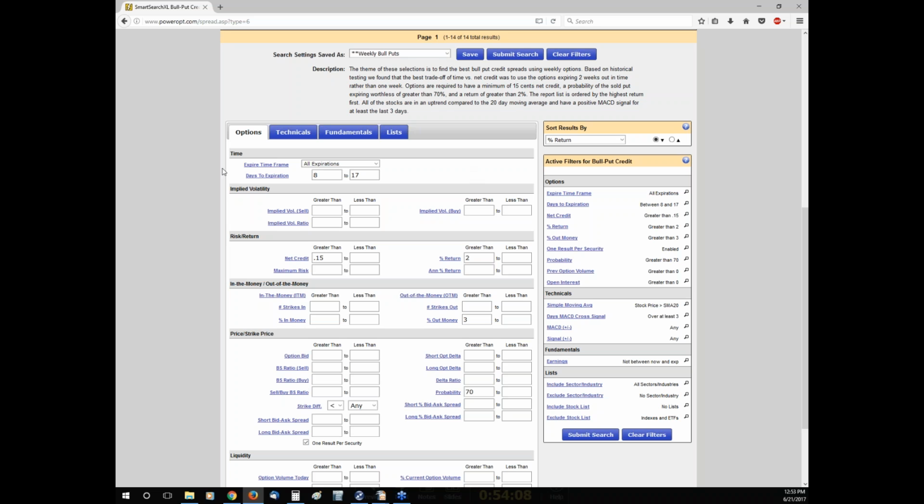And what's interesting enough is what we found when doing this testing for bull put credits and bear call credits, both of them actually with weekly searches, is that long term, over a time horizon of a couple years or more, when they were made available, using options, the 2-week out options actually resulted in a higher overall return than selling week by week by week.